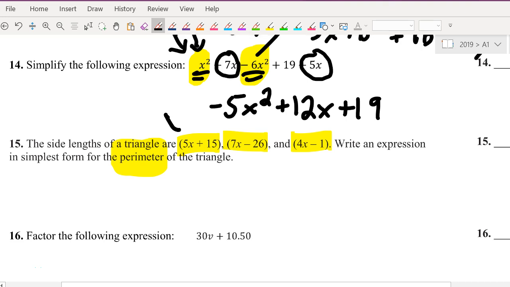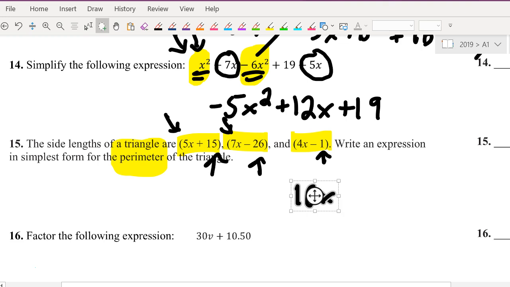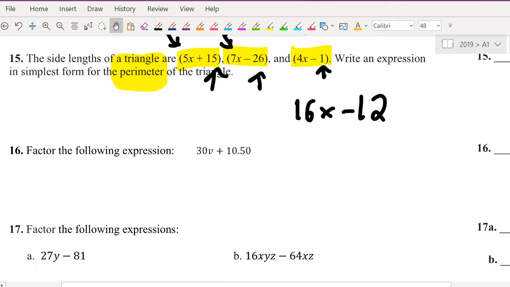So 5 plus 7, 12 plus 14 plus 4 is 16x. Next: 15, negative 26, and negative 1. Negative 12. Careful. Negative 12. Here we go.